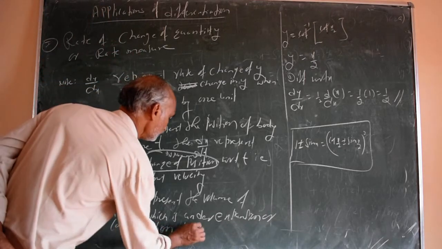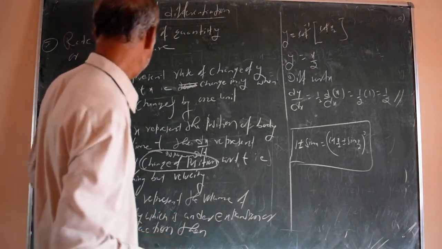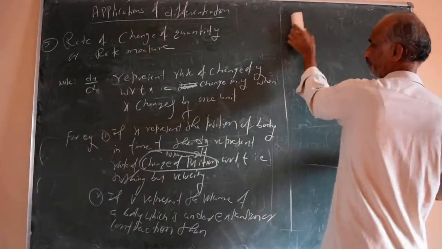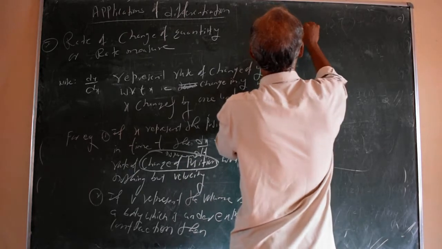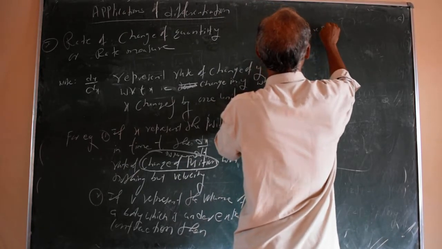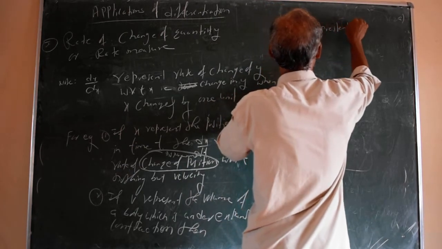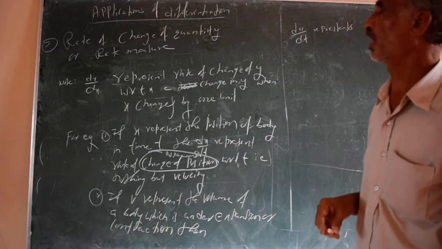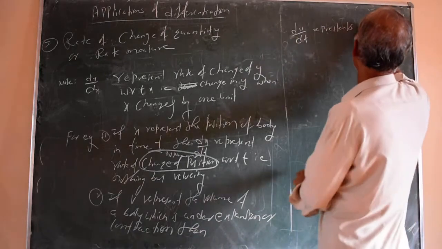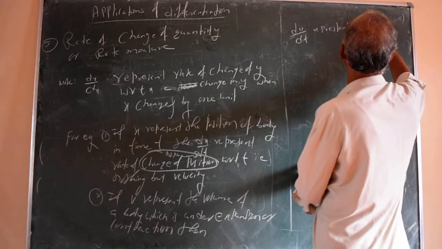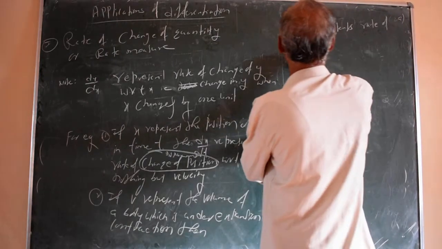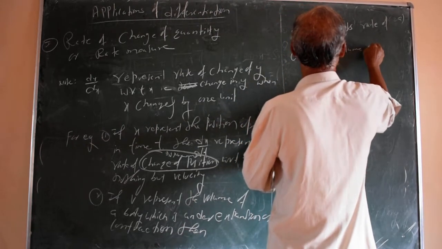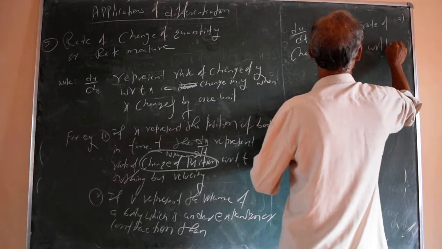Then dV by dt represents the rate of change of volume with respect to time. t represents time. It is the rate of change of volume with respect to time t. Okay.